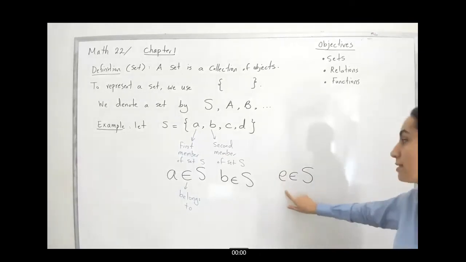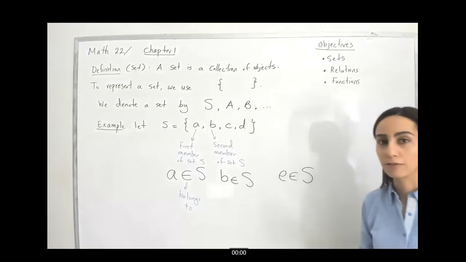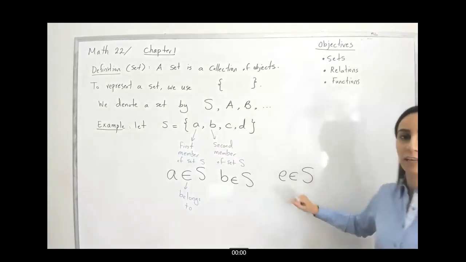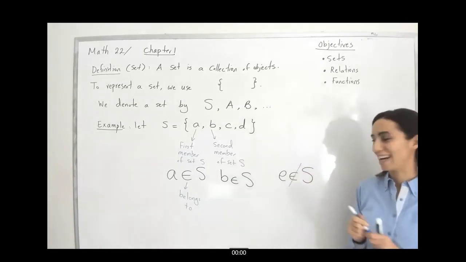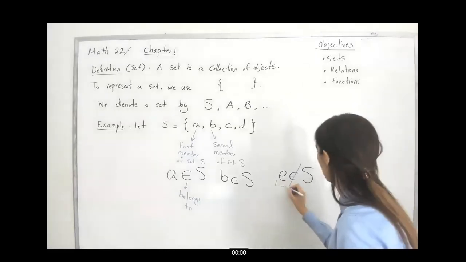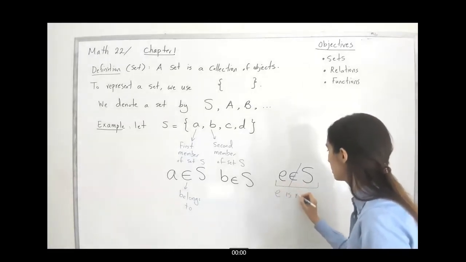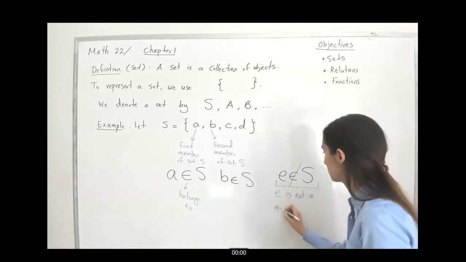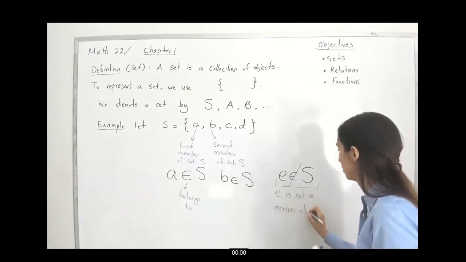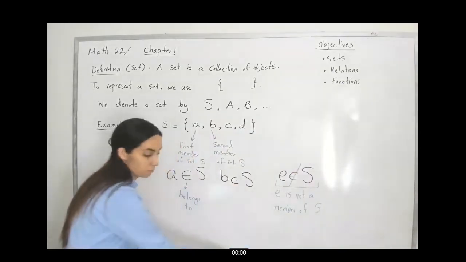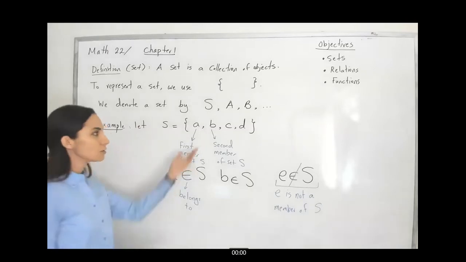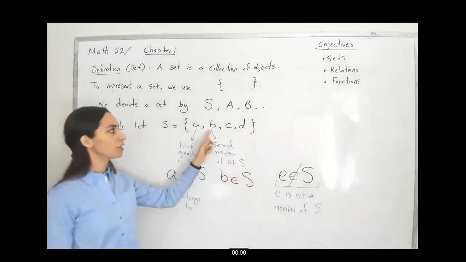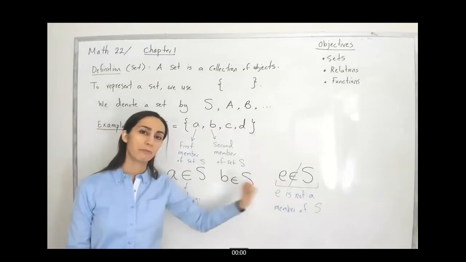In this case, since E is not a member of this set, we represent this mathematically as E is not a member of S. And you read it as E is not a member of S. So when it comes to a set, you're dealing with members and non-members of a set.